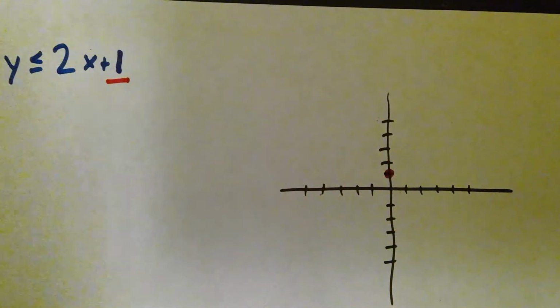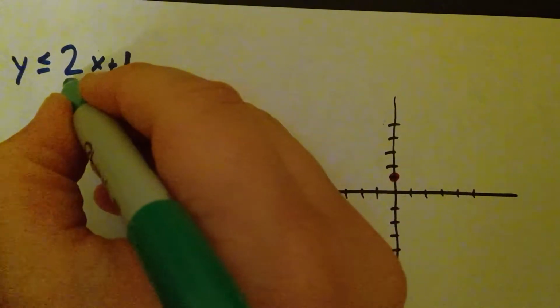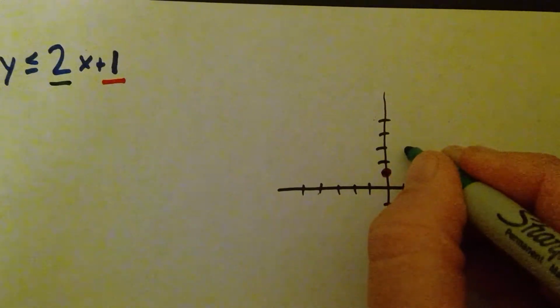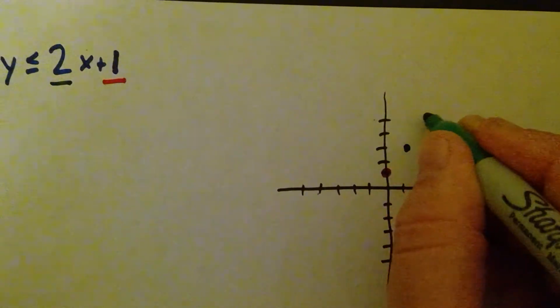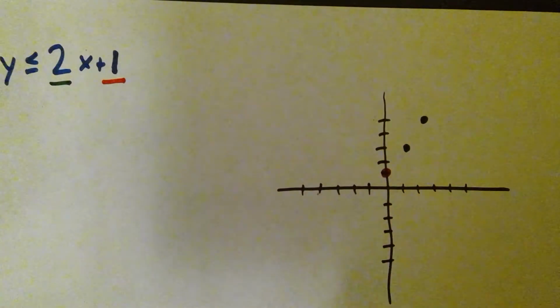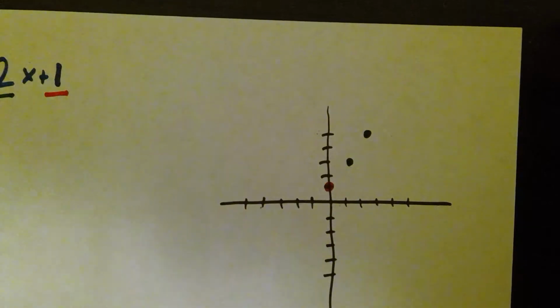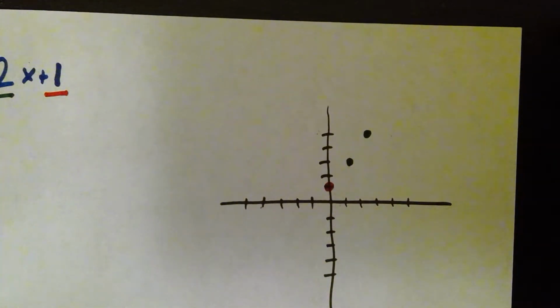And then we'll do the slope. I need to go up 2 over 1, up 2 over 1. And this is going to be a solid line because we have that equal to part here. So I'll connect those dots.